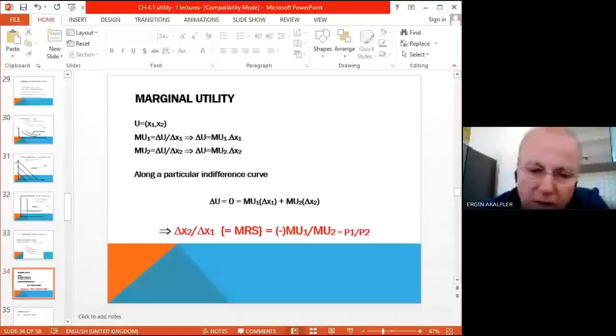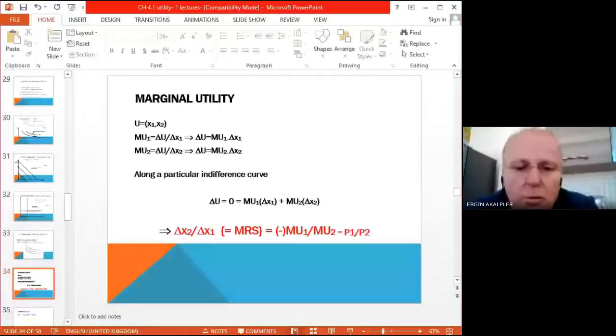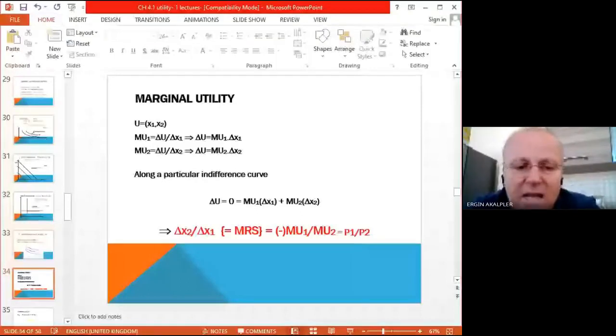Then, when you put the other side of marginal utility of 1 multiplied by delta x1, it should be negative. Therefore, delta x2 over delta x1, in the given equation, should be the marginal rate of substitution, and is, of course, negative.